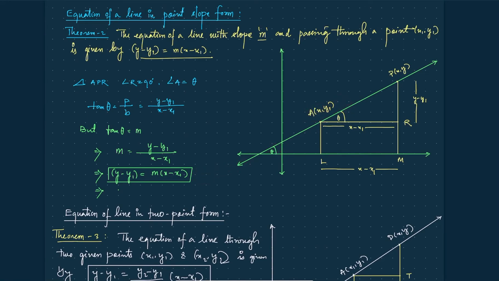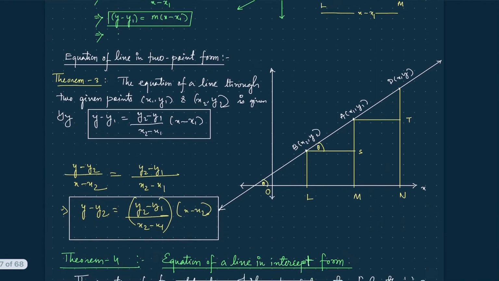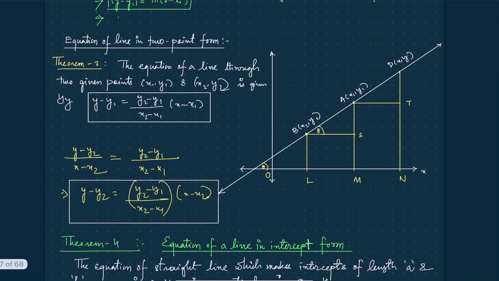Okay, next one: equation of a line in two-point form. You see here this is the straight line which makes an angle of inclination theta with respect to this x-axis.